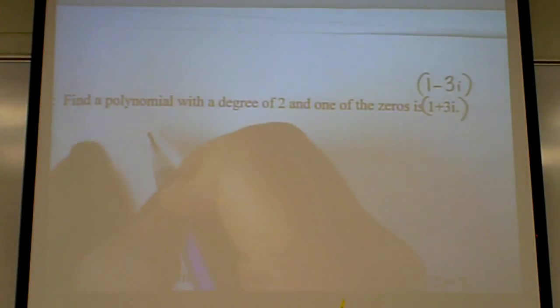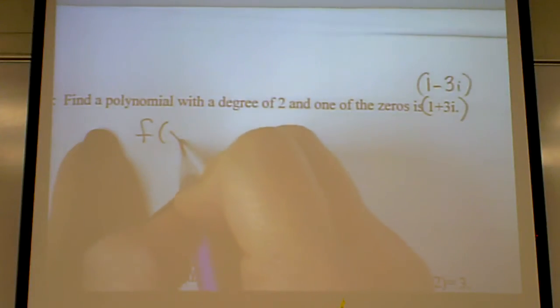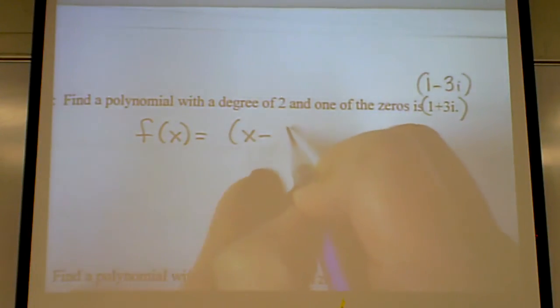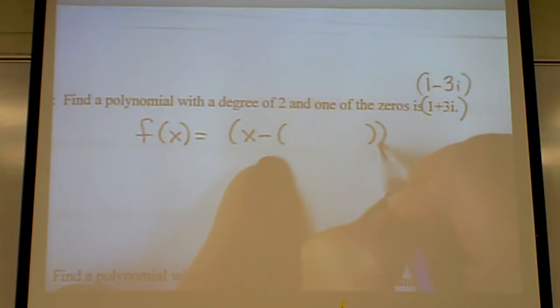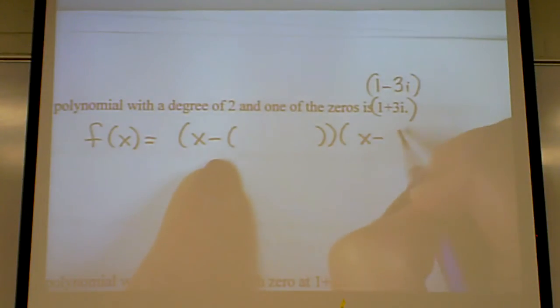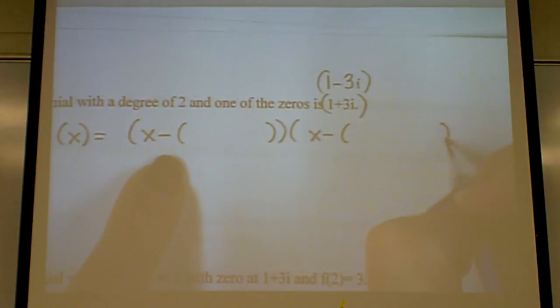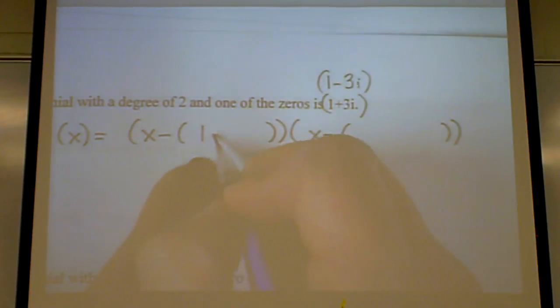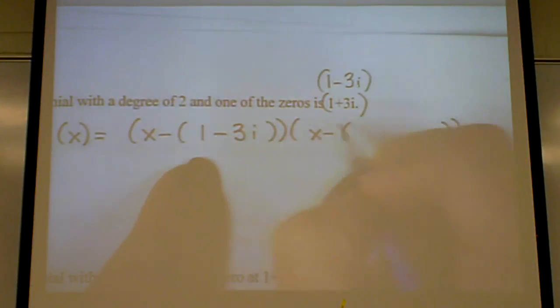So now, what are you going to do? You're going to write f of x, and Jordan, this is why you need to do this part right here. Remember how I did that? This is why this is important, a good habit to get into, because of these kinds of solutions. This one here, 1 minus 3i and 1 plus 3i.